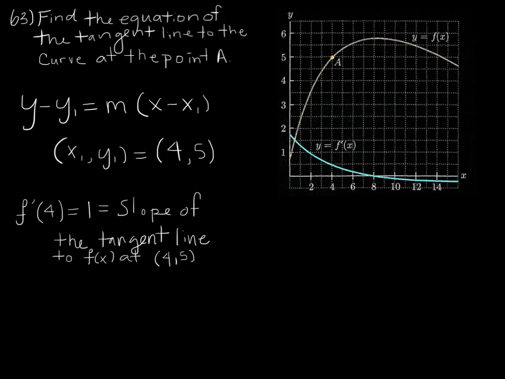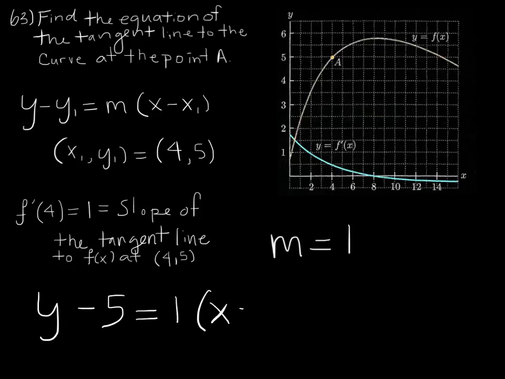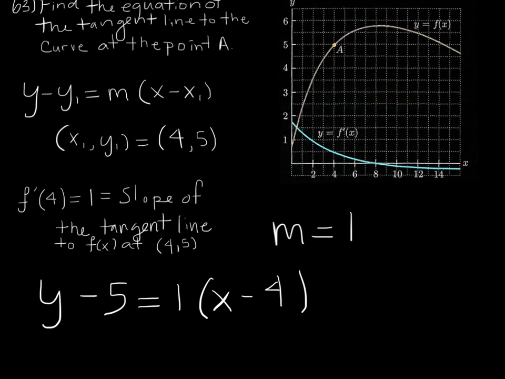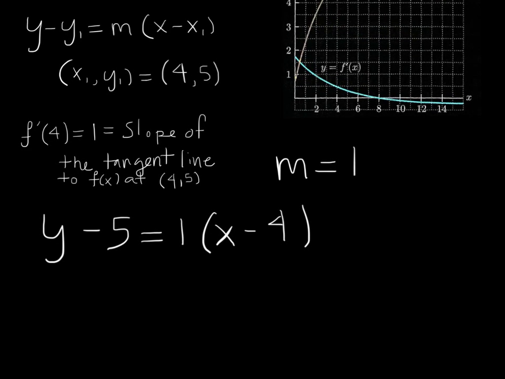This tells us that m equals 1. So filling in the details to our equation, we have y minus 5 equals 1 times x minus 4. And that can simplify to y equals x plus 1.